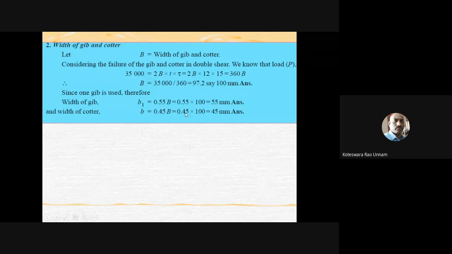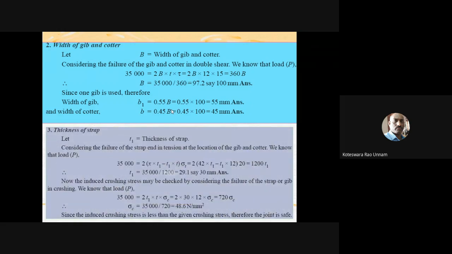Once you have this, you need to find out the other dimensions by considering the failure of the strap ends, that is, the thickness of the strap. We already discussed that the area of the strap end resisting the tensile failure is going to be 2 into X into T1 minus T1 into T. We use 2 because it is in double shear, so there are 2 sides of the strap.